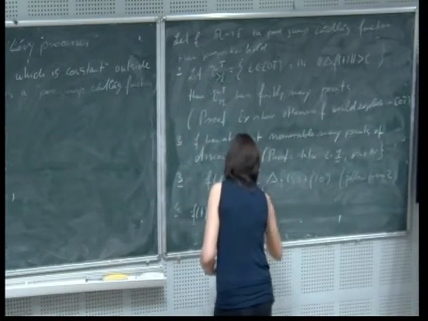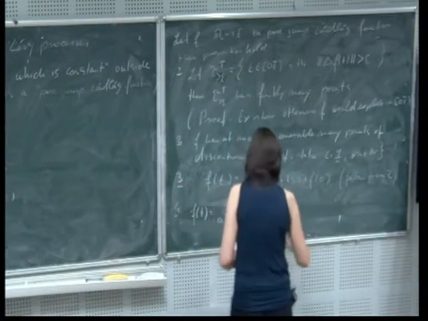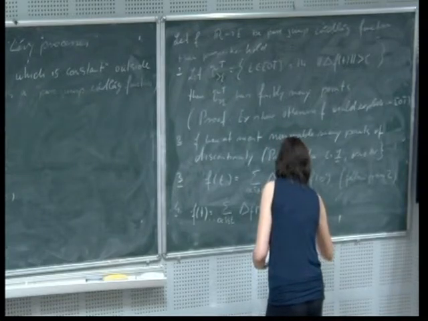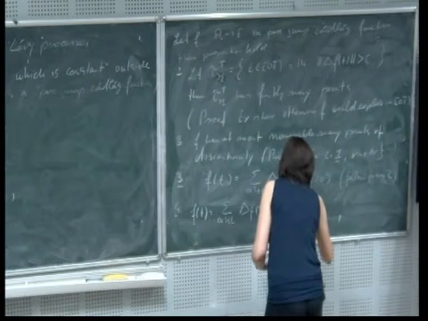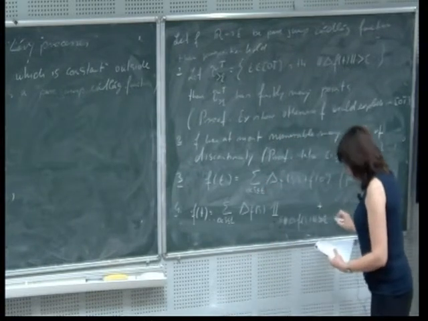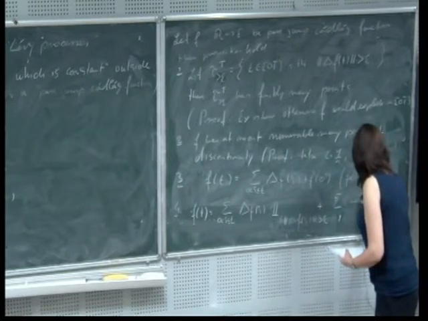So it is the sum of the jumps where the jumps are bigger than epsilon, plus one part where the jumps are smaller than epsilon.